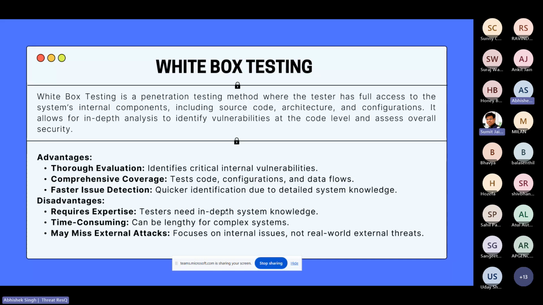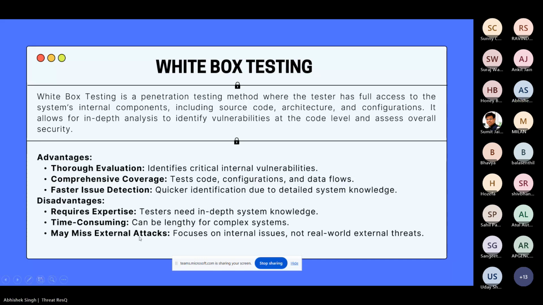In the case of a web application, they have access to the source code, so they can do both dynamic and static analysis of the application, and it will provide a better insight into the vulnerabilities present in the application. It is a very thorough approach as compared to both gray box and black box because the analyst has code level access to the application and can provide a better insight into the vulnerabilities.